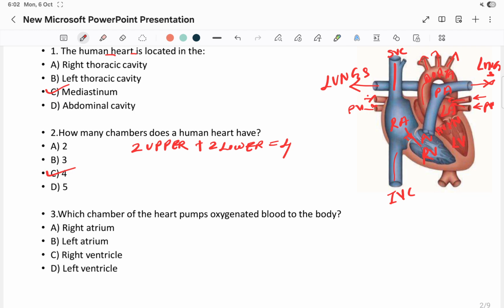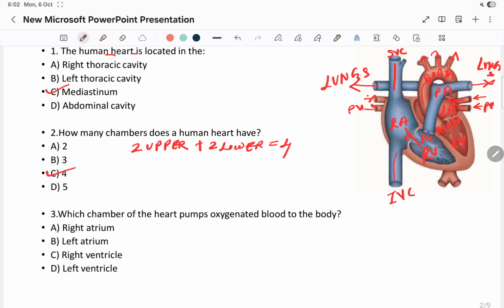Now let us see question number 3 again. Which chamber of the heart pumps oxygenated blood to the body? Option A, right atrium; B, left atrium; C, right ventricle; D, left ventricle. Here they are asking which chamber pumps oxygenated blood to the body.